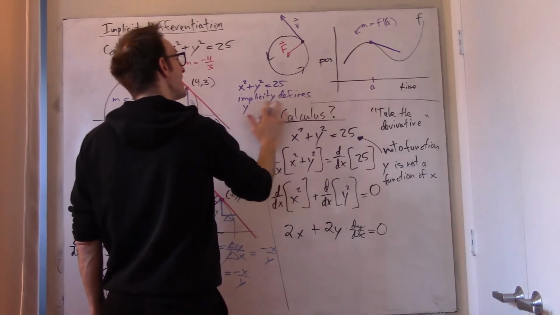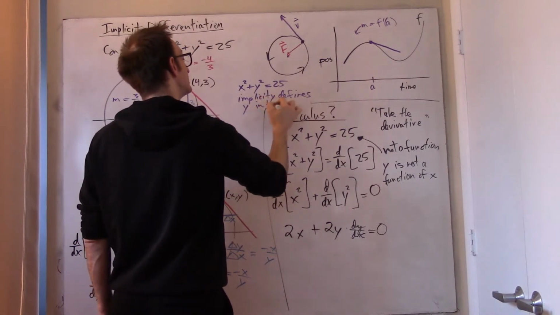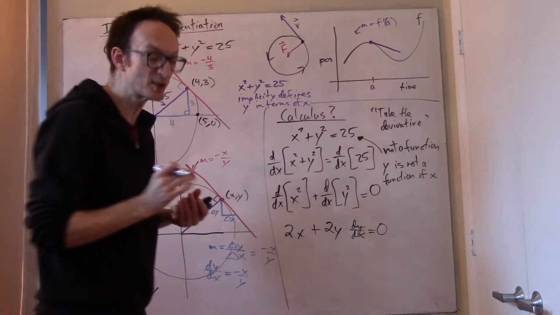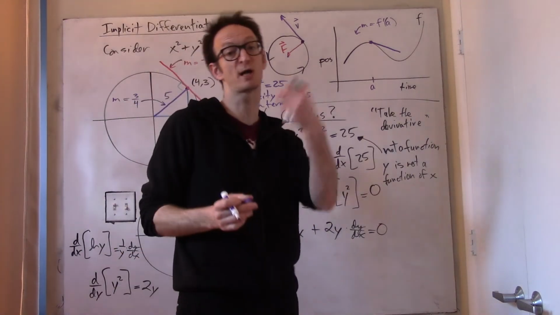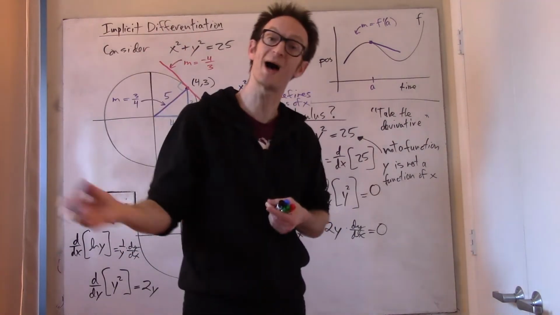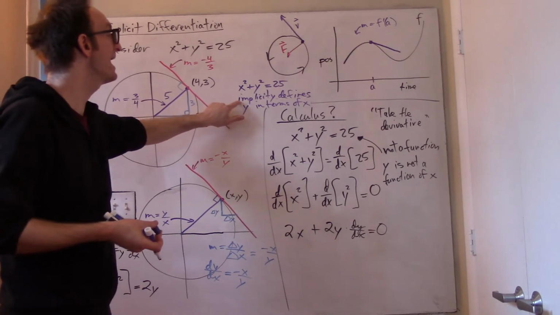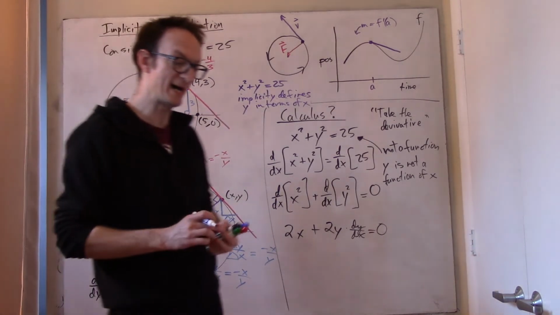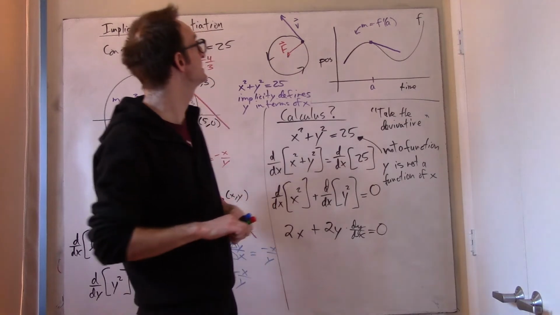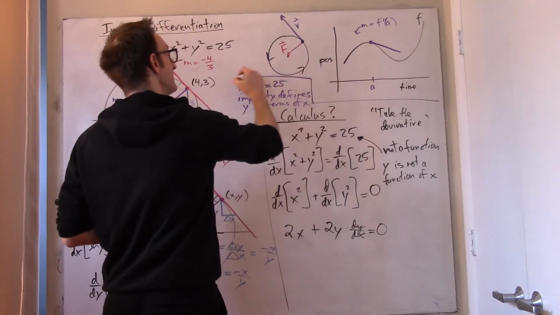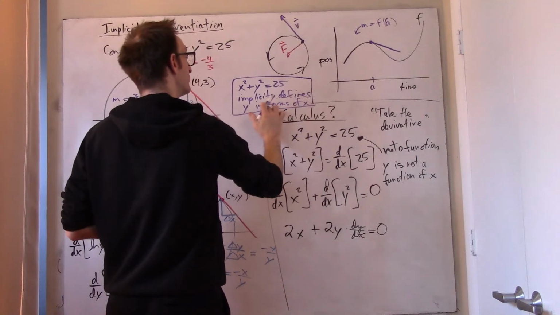In other words, it's not the case that you plug in a particular x and a particular y comes out. There is a relationship between x and y, and it is not being given as an explicit relationship.